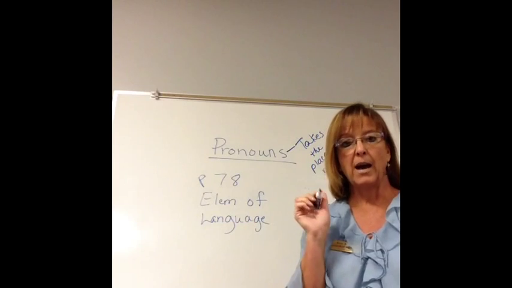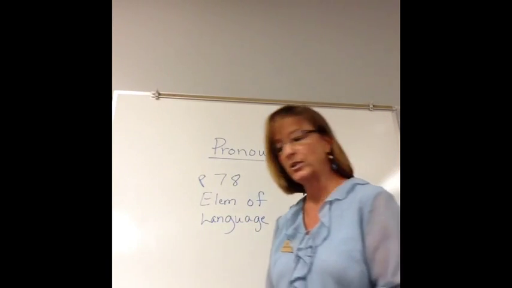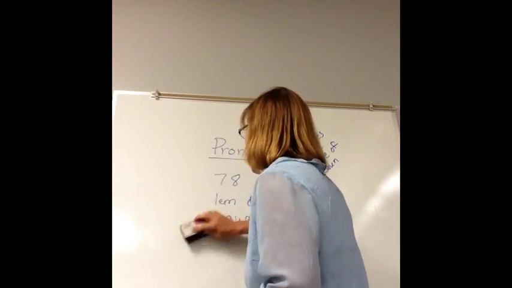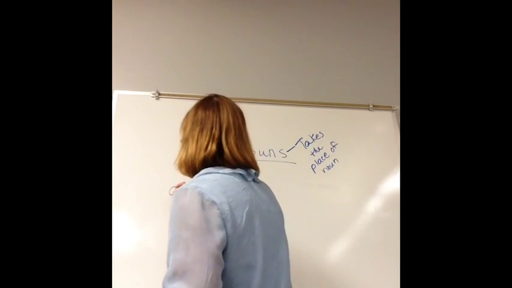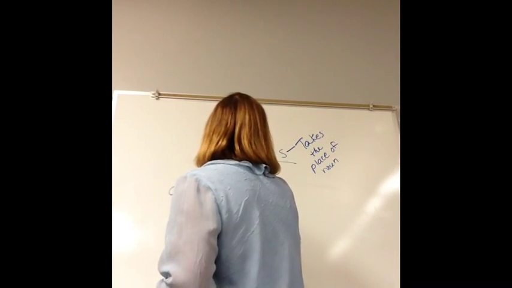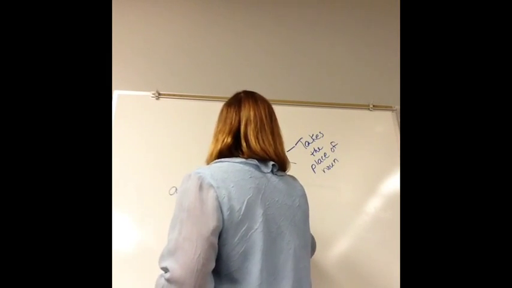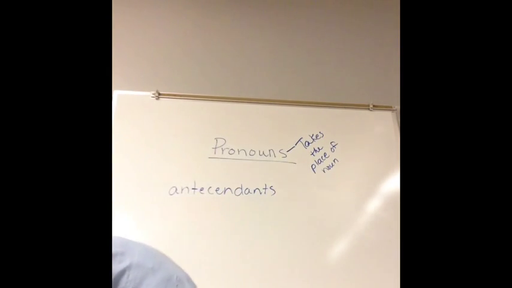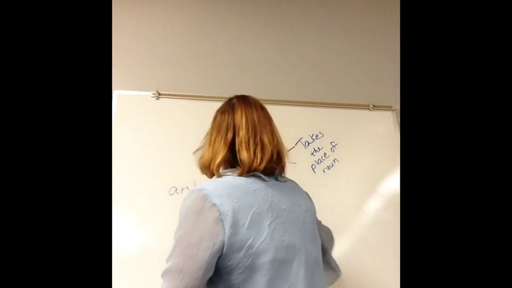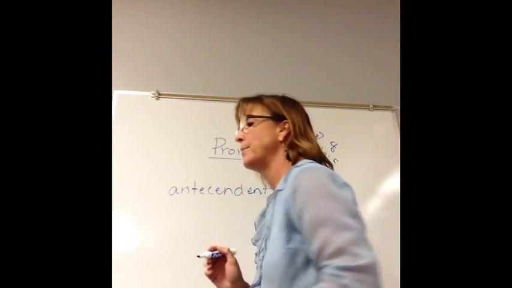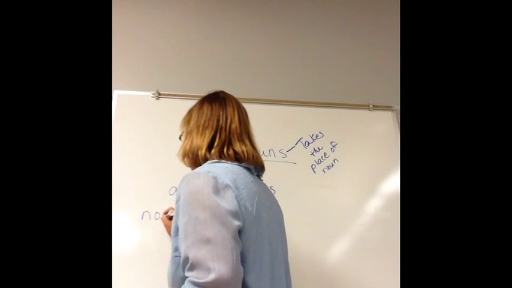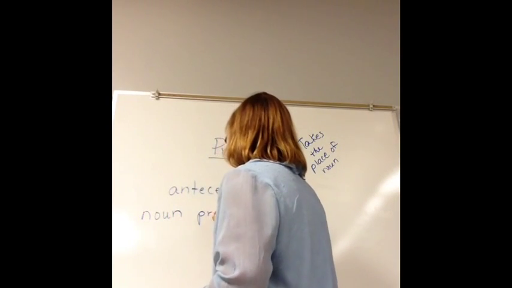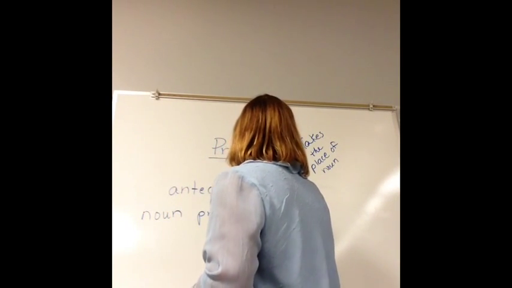Okay? Real quickly, the last thing I want to talk about, we have talked about antecedents very briefly in class, and they do go with our pronouns. So remember that the antecedent is the noun that the pronoun refers to.